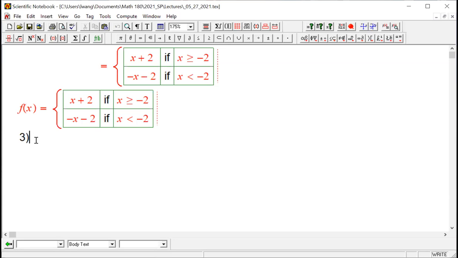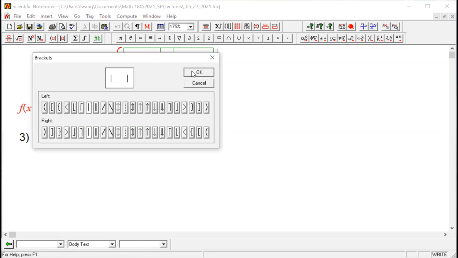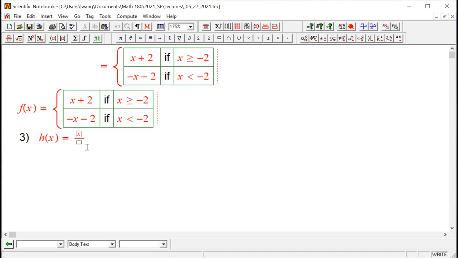So now let's look at something else. Number 3. This is another function that you are going to encounter in calculus. It is the absolute value of x divided by x.